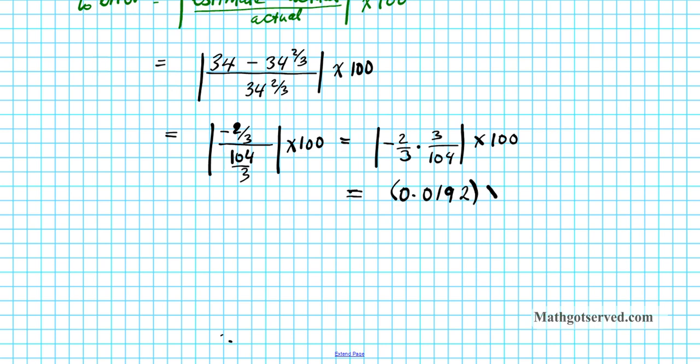We multiply that by 100, which moves the decimal place back twice. So our percentage error is approximately 1.92%, which is not that bad. So 1.92% is our approximate error in this situation.